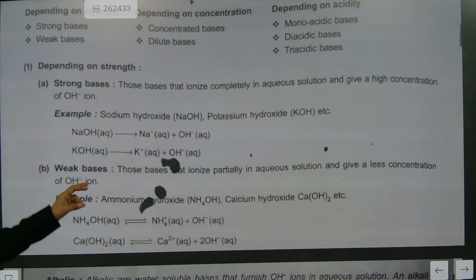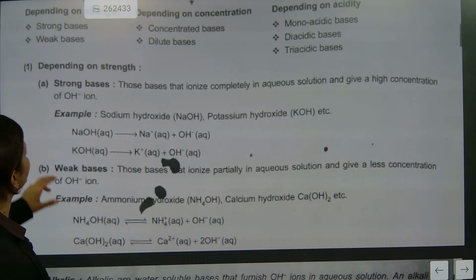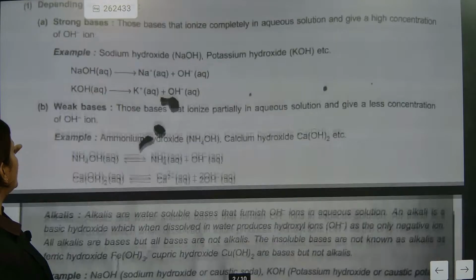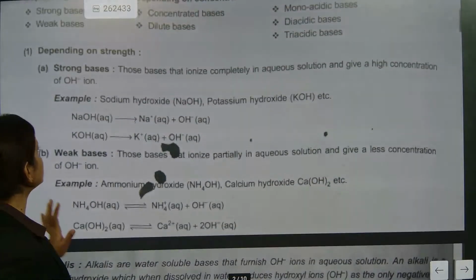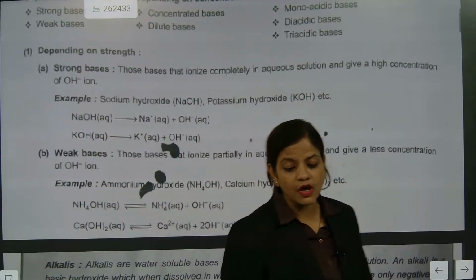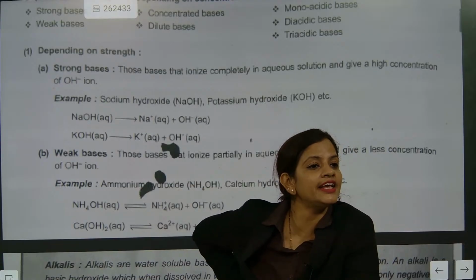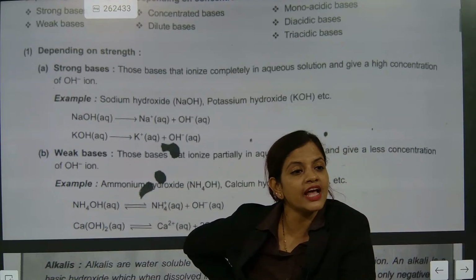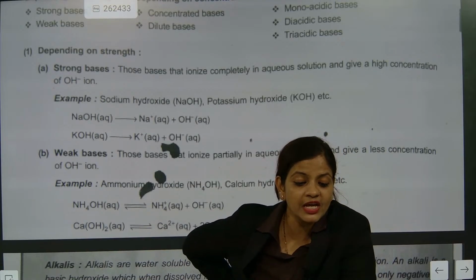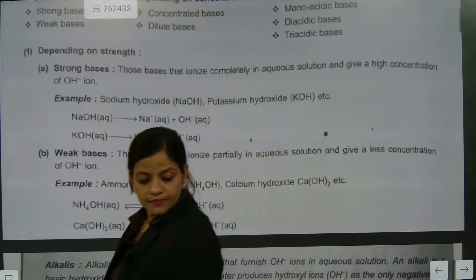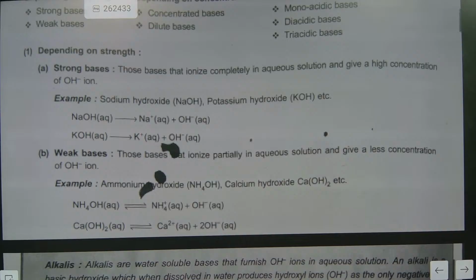Now weak bases. Strong bases you understood, weak bases you understood. You remember some names of strong bases and weak bases. Strong bases: sodium hydroxide is strong, potassium hydroxide is strong. Which ones are weak bases? Ammonium hydroxide, calcium hydroxide. Note down. Sanjay, very good performance, beta.